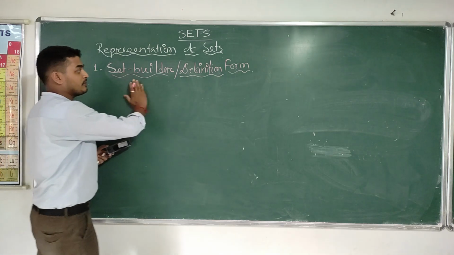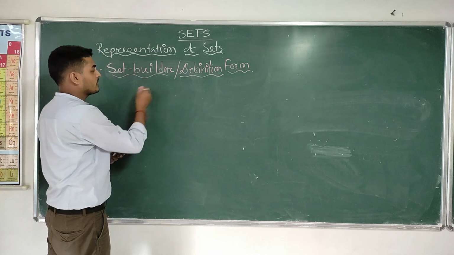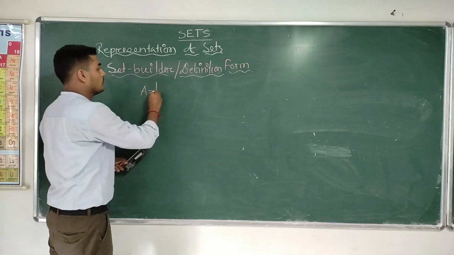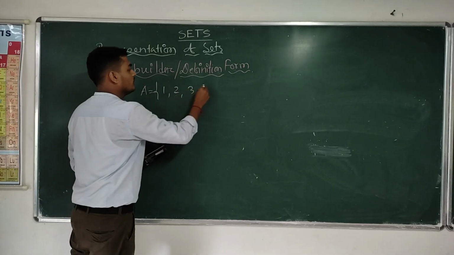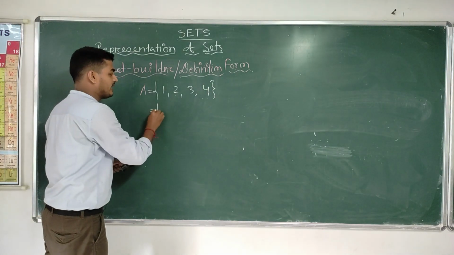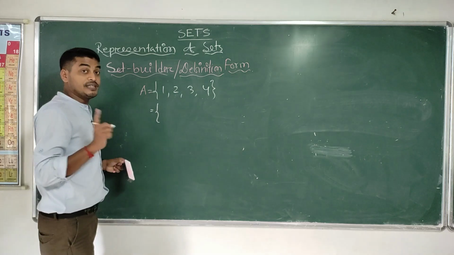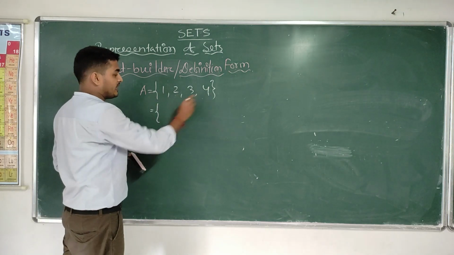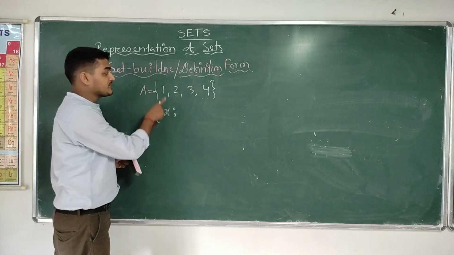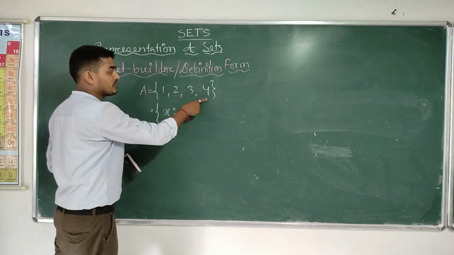Suppose a collection is given: 1, 2, 3, 4. First of all, as you are going to represent the elements in set form, curly brackets should be there. To represent all the elements you have to consider a symbol, any variable. What is x? x may be 1, x may be 2, x may be 3 or x may be 4.